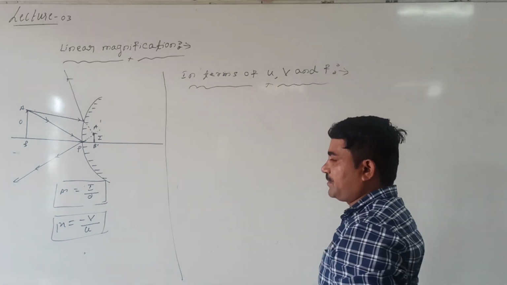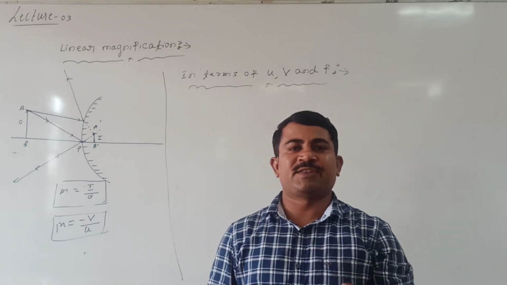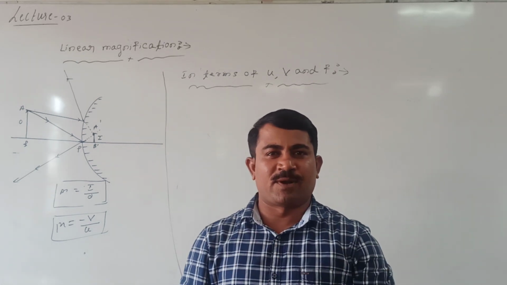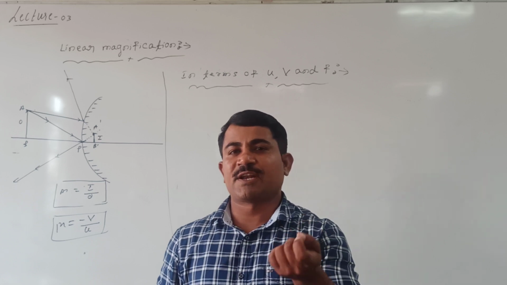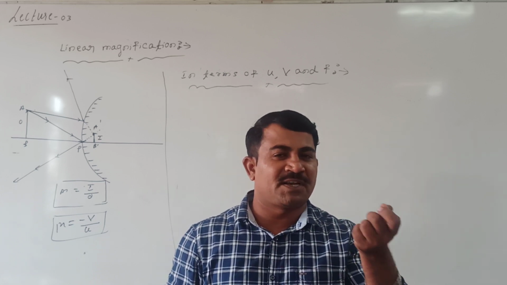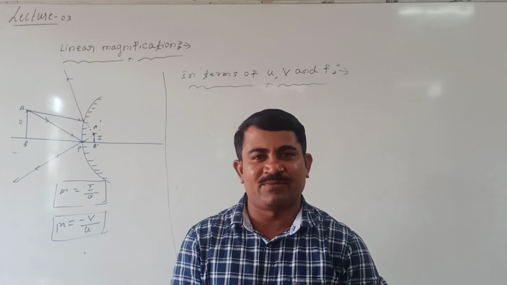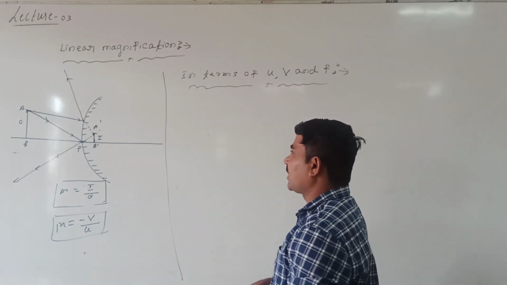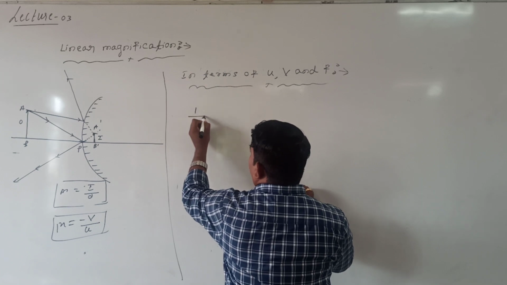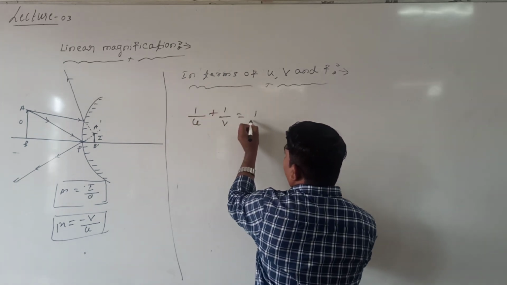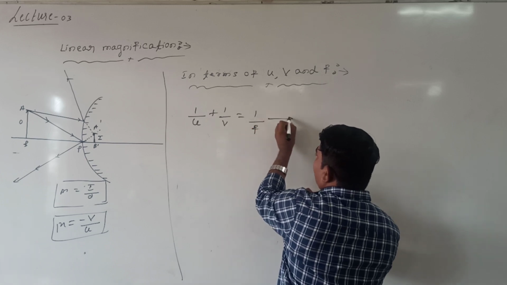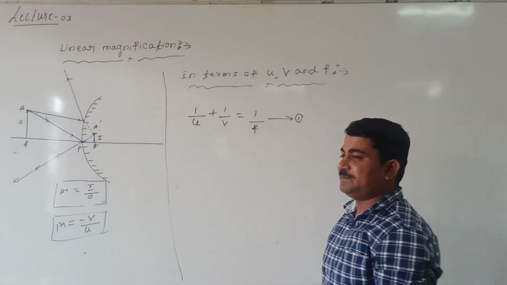To understand this, we know the mirror formula. What is the relation between object distance, image distance and focal length? That we call the mirror formula. Simply, 1 by U plus 1 by V is equal to 1 divided by F. Let us call this equation number 1.